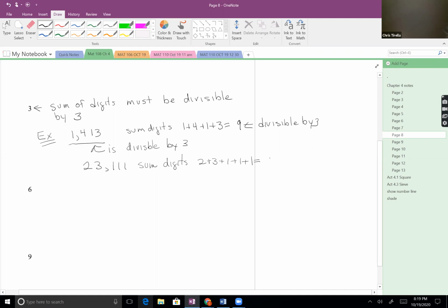Anybody? 8. 8. And is that divisible by 3? No. So this number is not divisible by 3. Isn't that a pretty neat trick? Has anybody seen that one before?